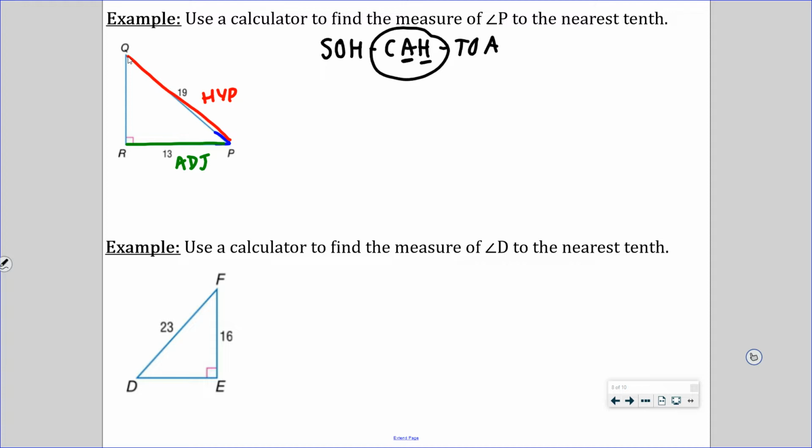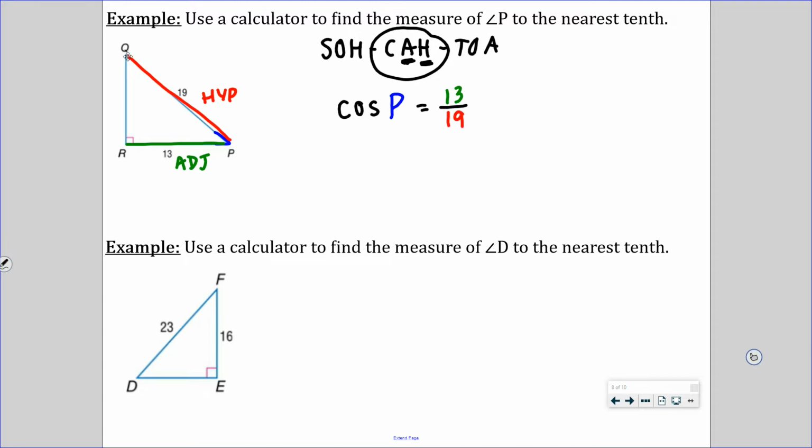So we set this up as cosine, and then next goes the angle measure. The angle measure is what we don't know, so I'm going to use big P. The cosine of angle P is the ratio of the adjacent to the hypotenuse. The adjacent side is 13 and the hypotenuse is 19.